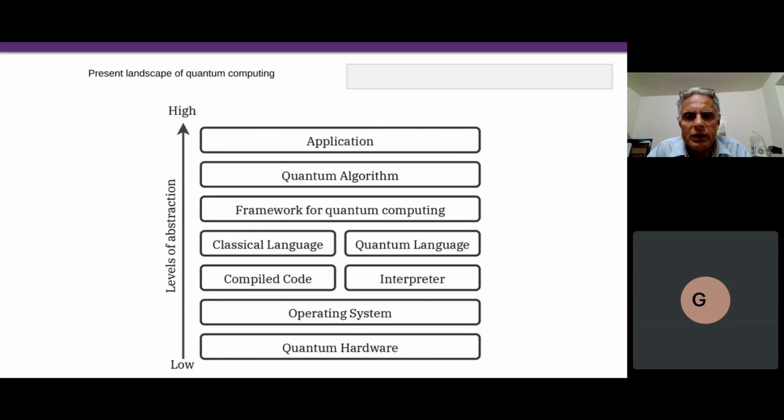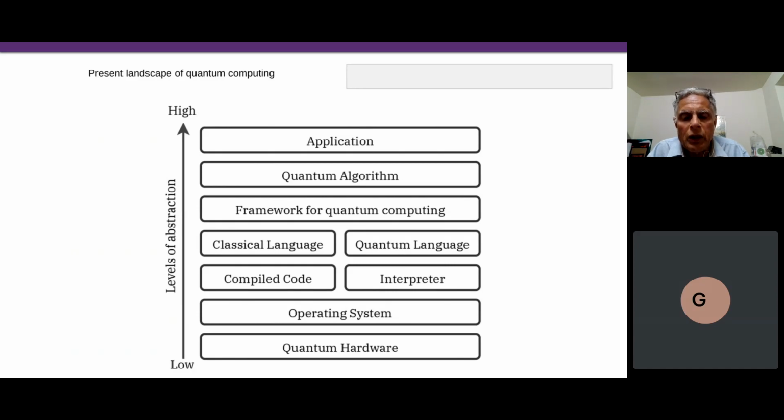But at the high level, if you look at the abstraction, this is like a stack, like we talk about full stack. The quantum hardware is the analog hardware, which is at the bottom, and it has to be a probabilistic model. And above that is the operating system. The operating system of classical computing will have to be appended with operations like spin, swap. There is a very specific instruction set. The architecture has to support the ISA, has to support the quantum language and controls.